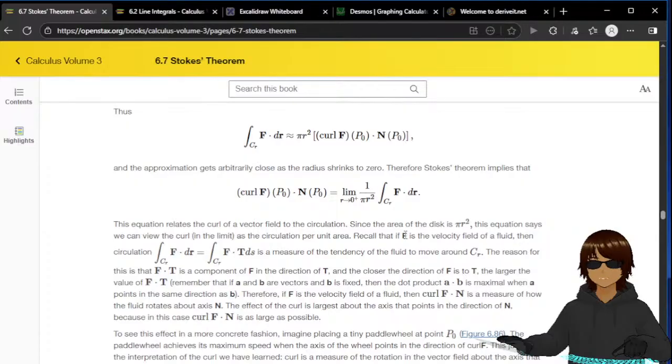Recall that if F is a velocity field of a fluid, then the circulation, the integral of F dot dr, which equals the integral of F dot T ds, is a measure of the tendency of the fluid to move around C_r.